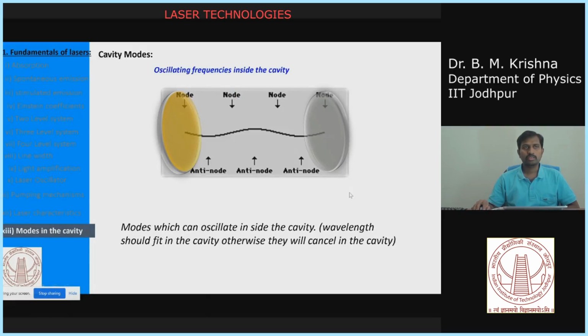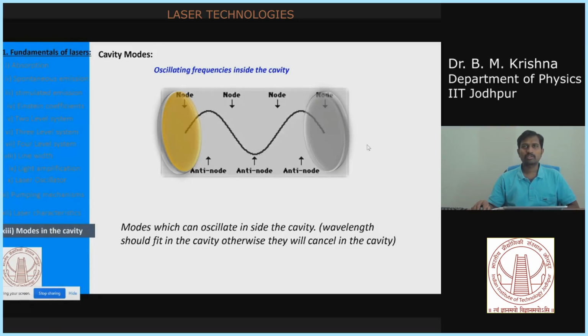You can see that at the edge of the mirror, it always forms a node, which allows a standing wave formation. When you have a standing wave formation, you have constructive interference, and that mode is allowed to oscillate inside the cavity.